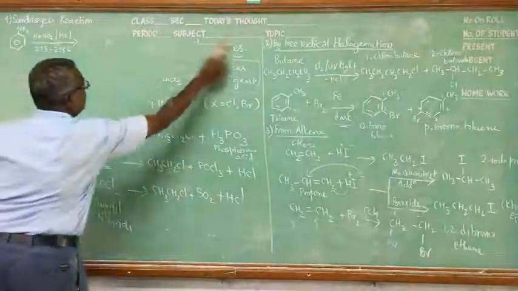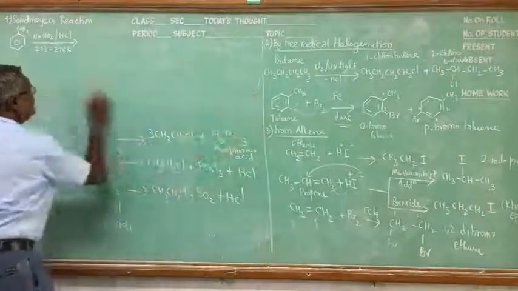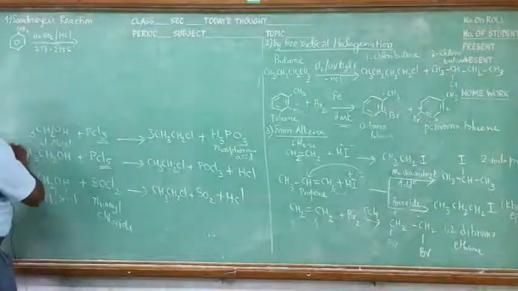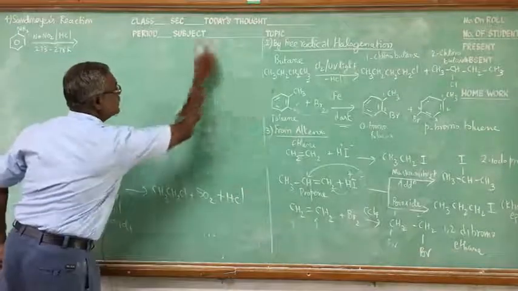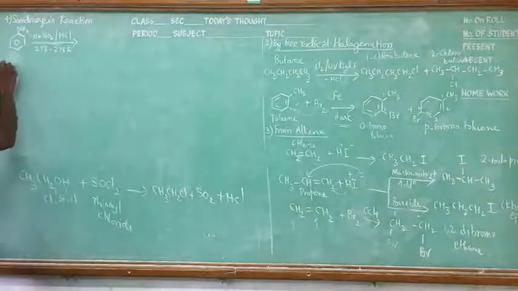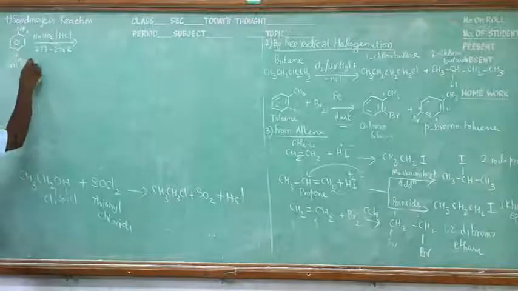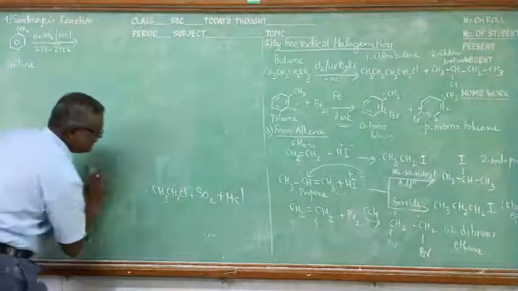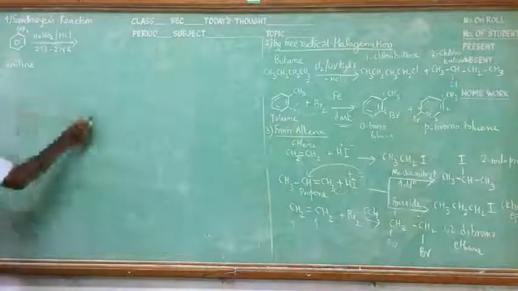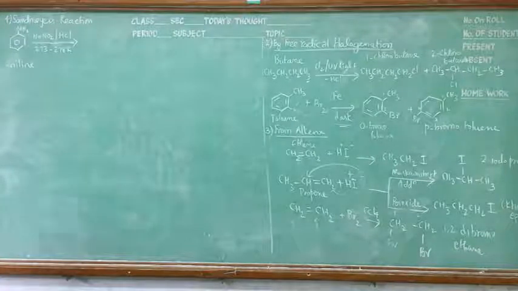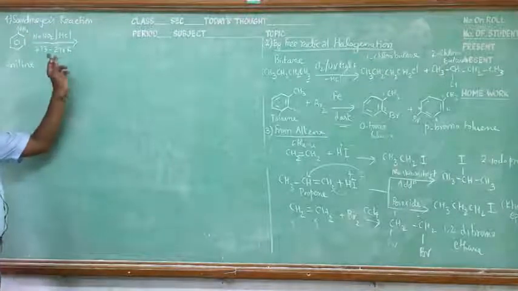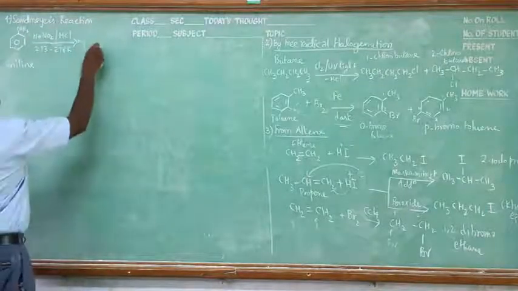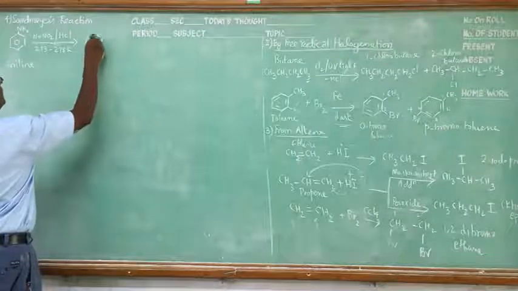Sandmeyer's reaction. Benzene having NH2 is known as aniline. When aniline is treated with NaNO2 and HCl, sodium nitrite and HCl, then we will get a product called diazonium chloride.